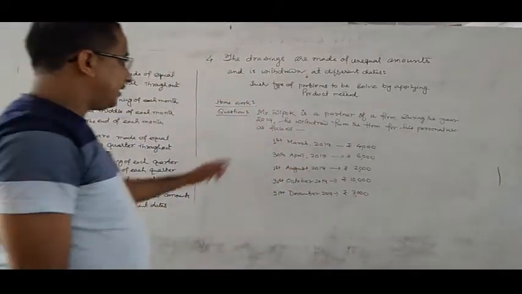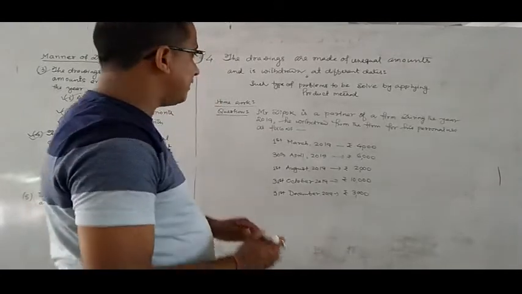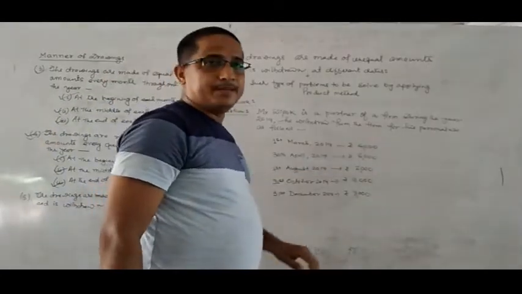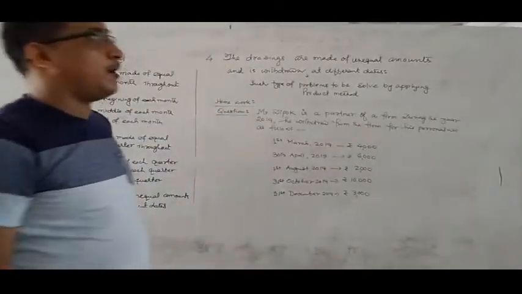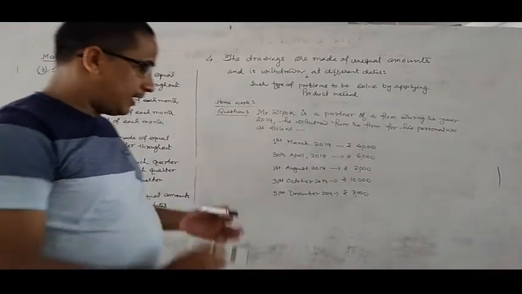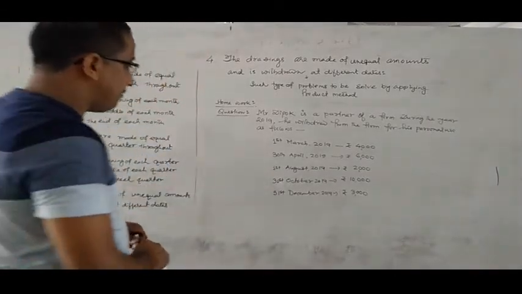Okay, as you have seen, the amounts here are not the same, as well as the time gap is also not the same here. Therefore, we have to apply the product method.